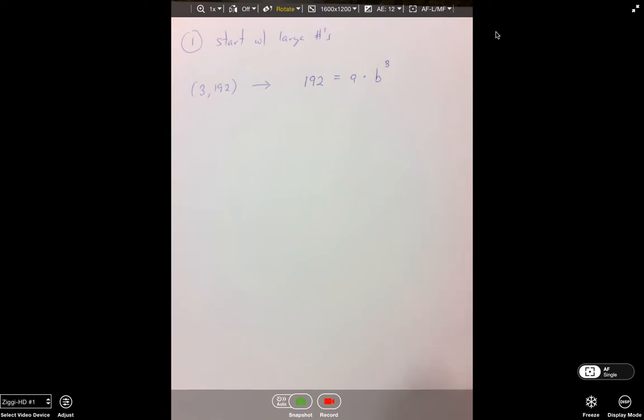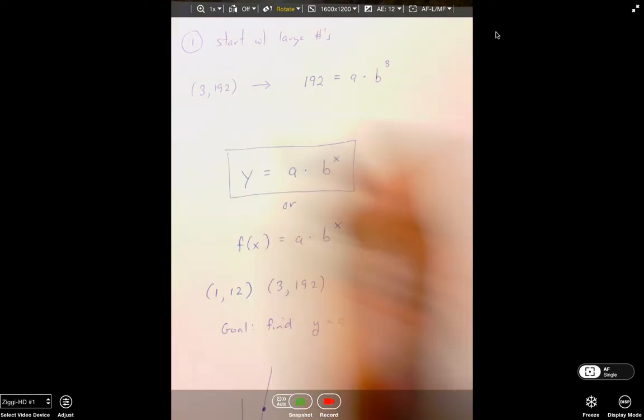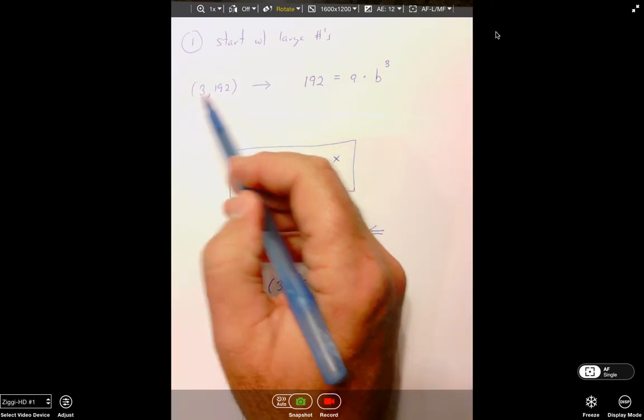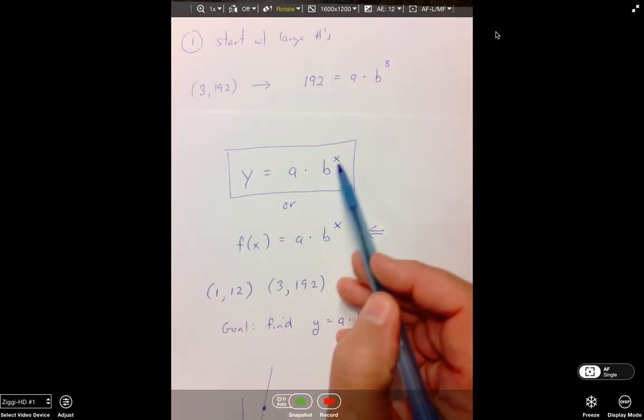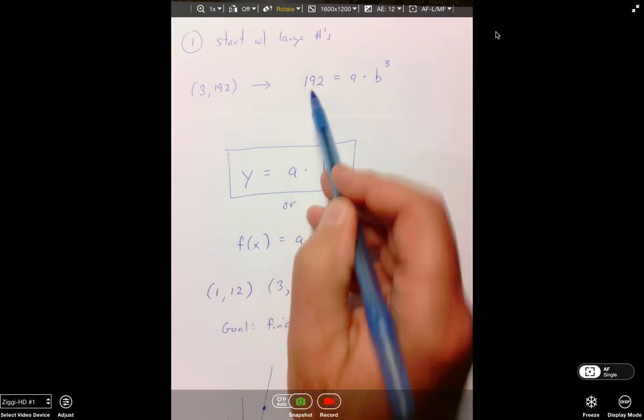And where in the world does this come from? Well, it comes from y equals a times b to the x. When I have (3, 192), my x is 3, my y is 192, and I've just put that in there.